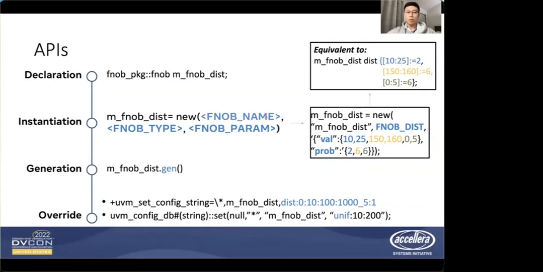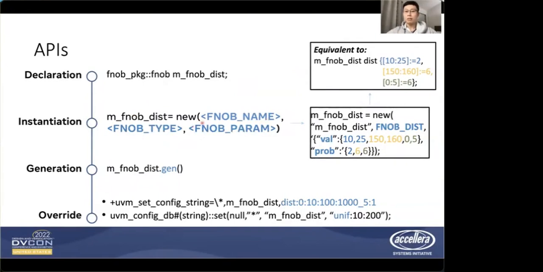This name will be the one used to register to the factory. Second parameter is Fnob type. This one is a predefined enum type, which defines what type of random you want your Fnob to behave as. The supported random types will be introduced in the later slides.